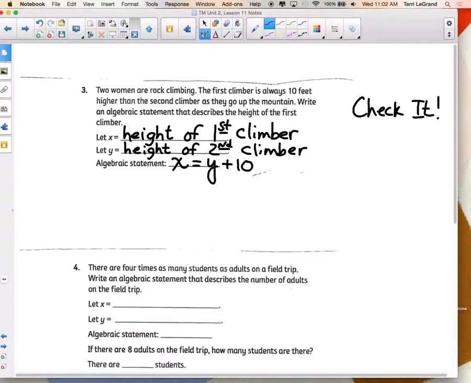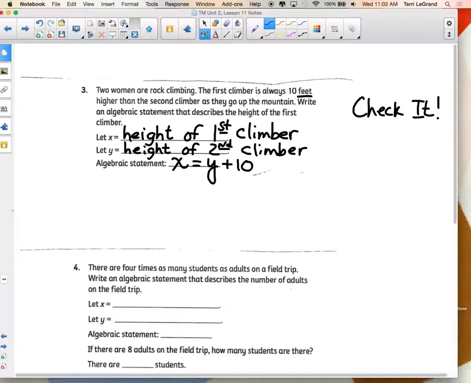So, yeah, let's remember they want us to figure out a statement that would help us find the first climber's height. So let's make up a height for the second climber. How high up the mountain is the second climber? Kira? 20. 20 feet? Okay, so it's because it's measured in feet, isn't it?